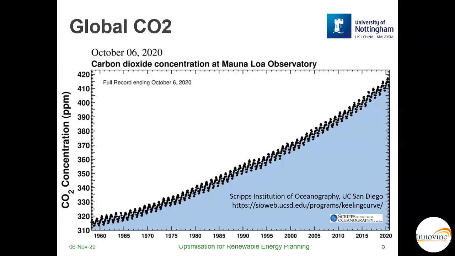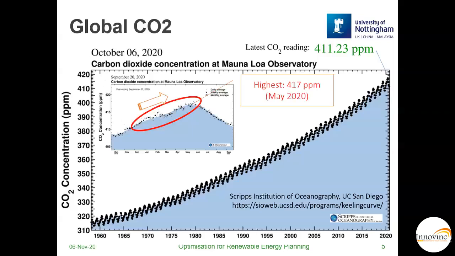The CO₂ concentration on Mother Earth was recorded at about 411 ppm just last month, and the highest was actually recorded in May 2020. Half a year ago, it was 417 ppm.